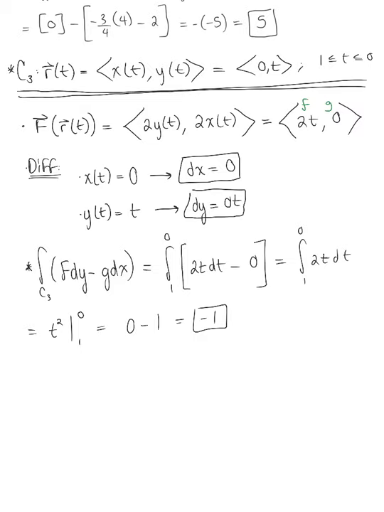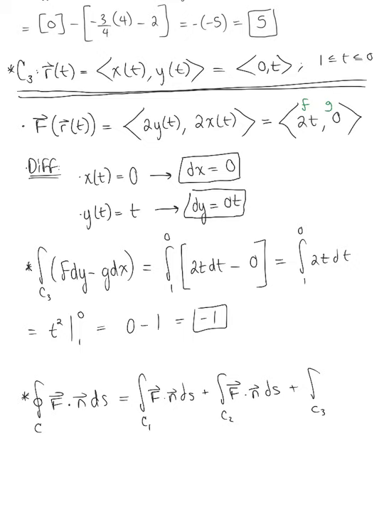So now that we have all three components, we're ready for our final answer here. Again, this is the closed curve C of the vector field F dotted with the normal vector ds, which we split into the three pieces, c sub 1, plus the vector line integral over c sub 2 dotted with the normal vector, plus the vector line integral over c sub 3.